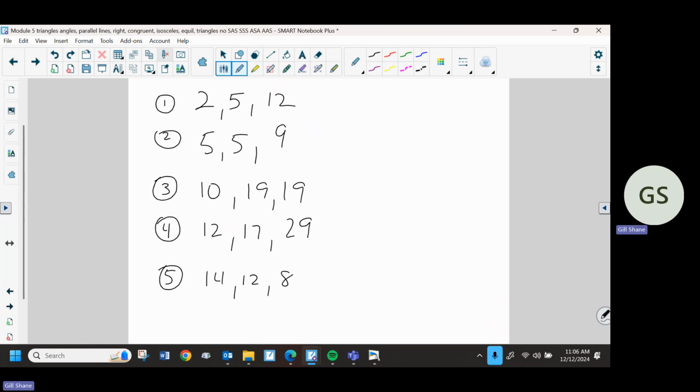There you go. So for each one of those, tell me yes or no, do you make a triangle? It should not take long, like 2 minutes.